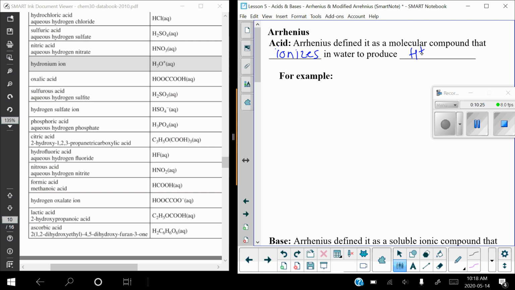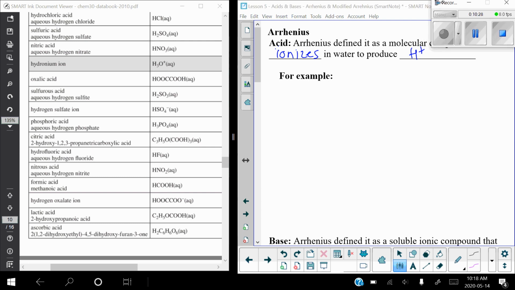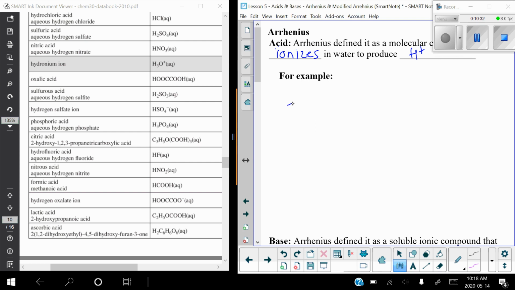Okay, so for example, let's have HCl, aqueous. Now this is a strong acid, so I'm going to write 100% ionized over the arrow, and it produces H plus and Cl minus. Because it produces H plus, that defines it as an acid.